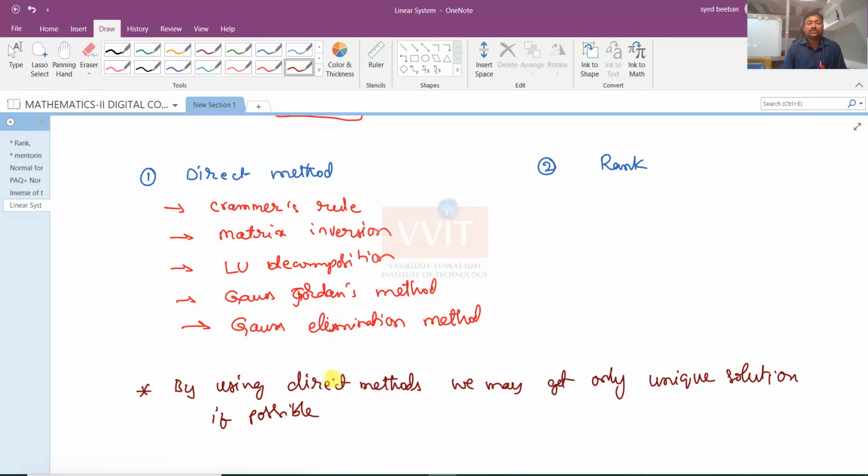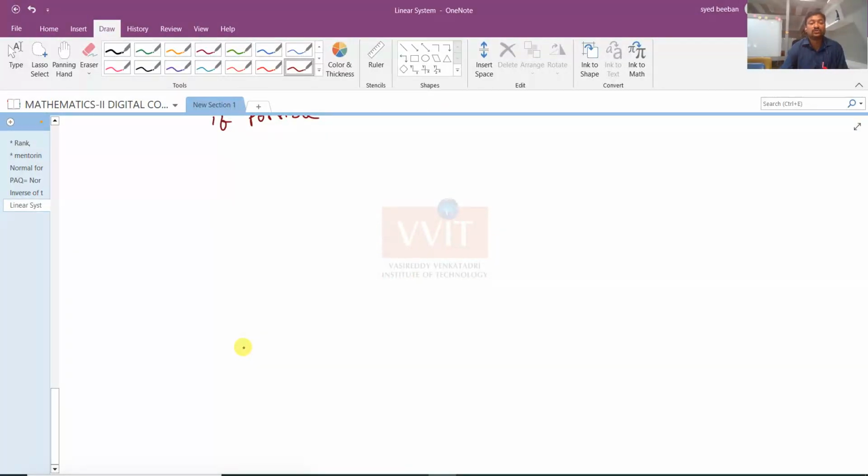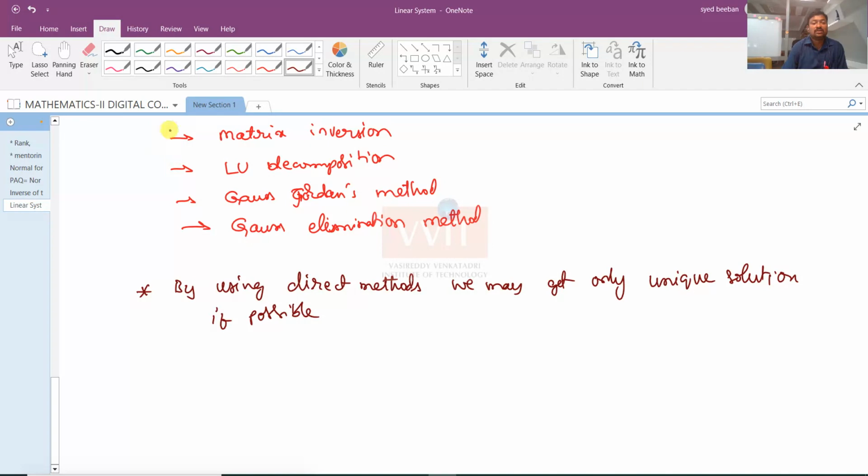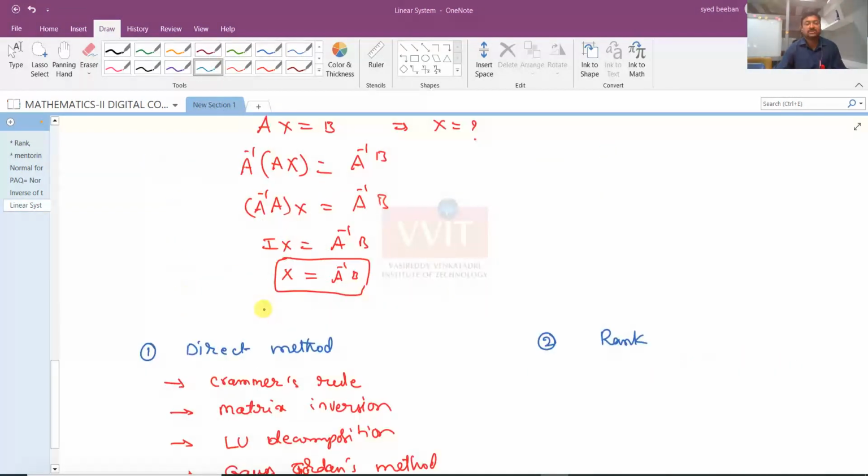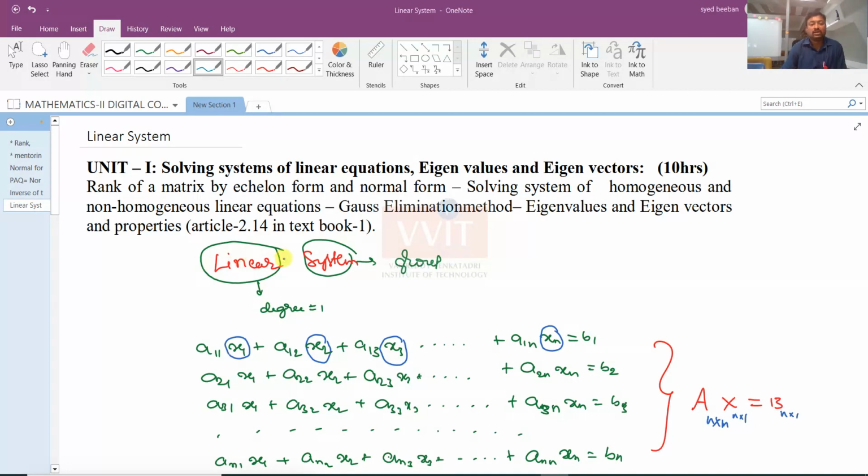So to overcome this, I am moving to the next method. Before that, as per the syllabus we have only the Gauss elimination method. In addition to that, we may discuss even Gauss-Jordan's method.